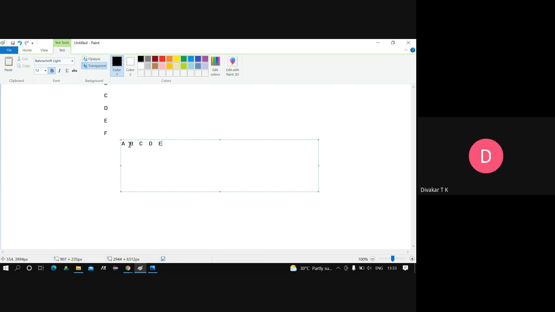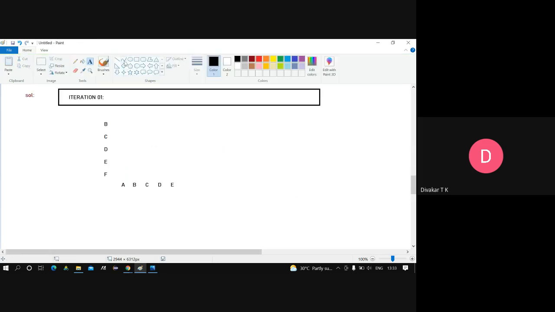Now you just write a line like this. If you don't know how to write the table filling diagram, concentrate and observe. This is the last time we are doing it.